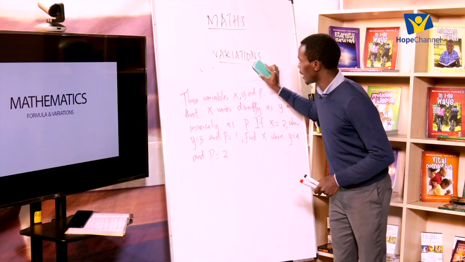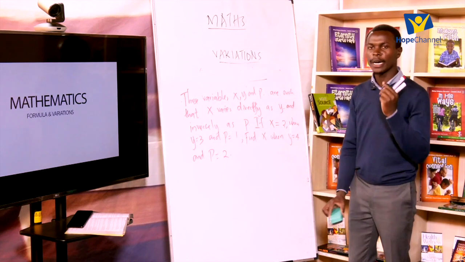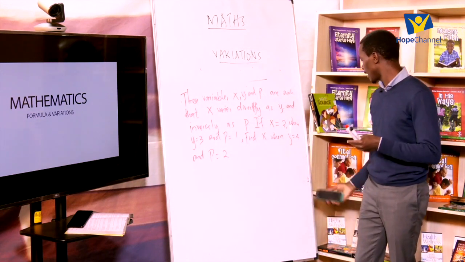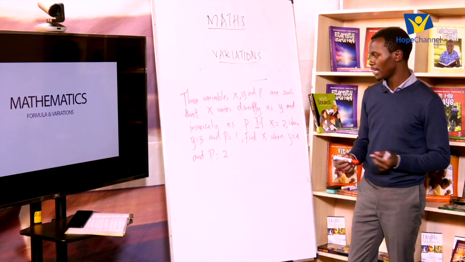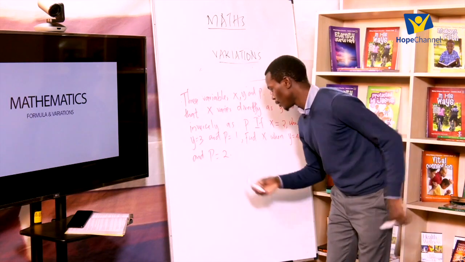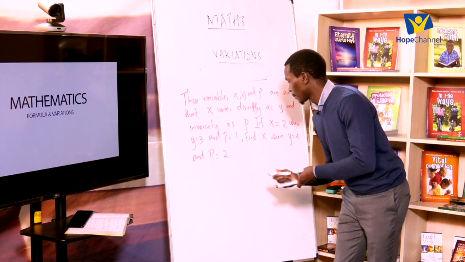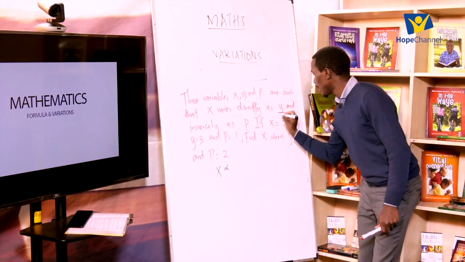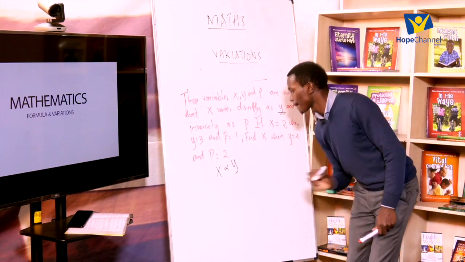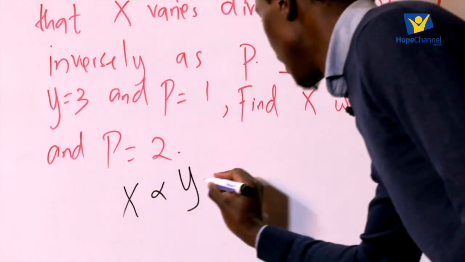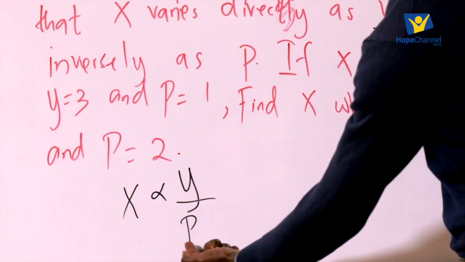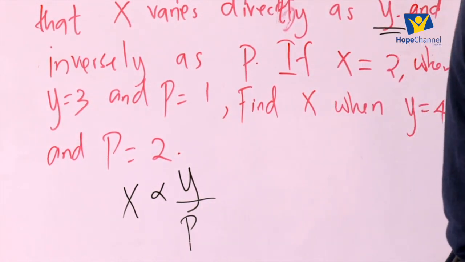Now this question here is combining two variations, that is indirect and direct, all in the same equation. So we know, x varies directly as y and inversely as p. Now by saying inversely, we'll divide y by p.